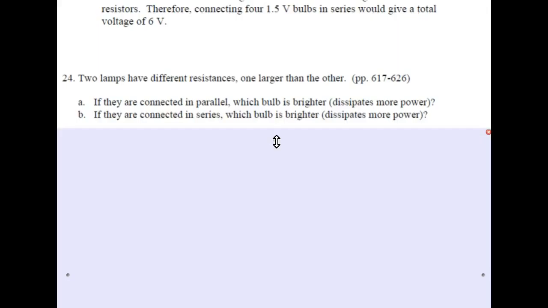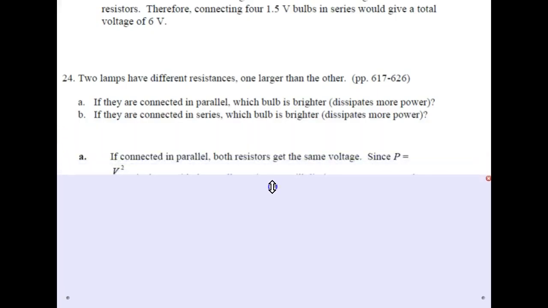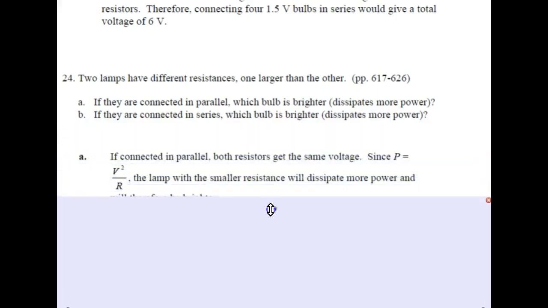You then select the equation off the reference table that has power, resistance, and the electrical variable that remains constant, so in this case, voltage. Well, in A, that would be P equals V squared over R.